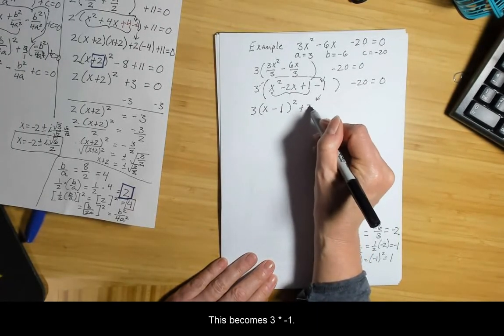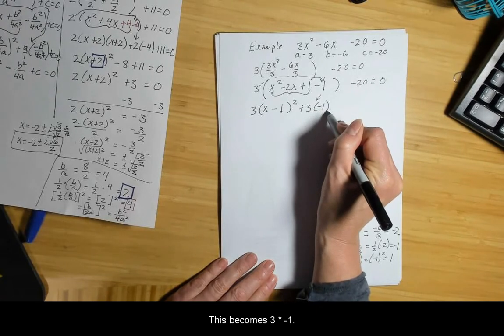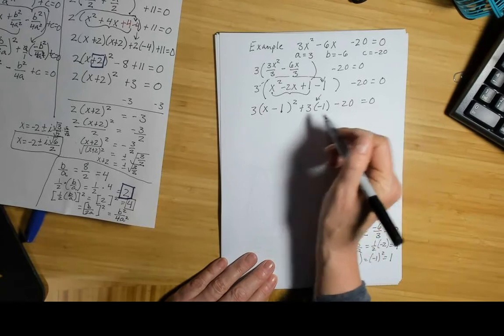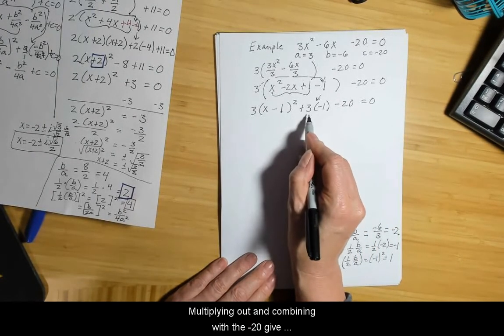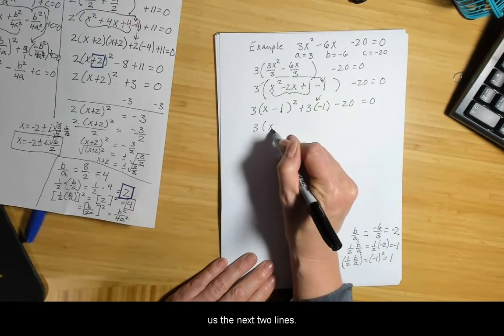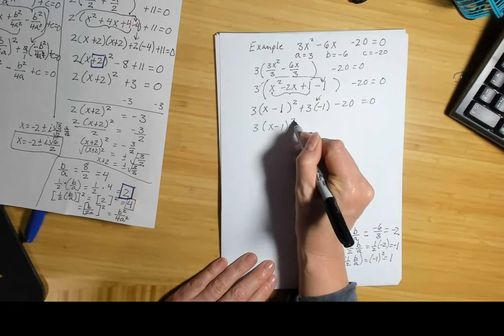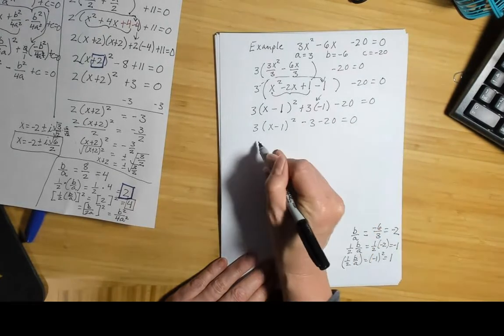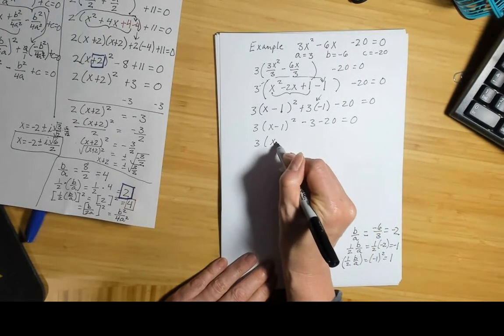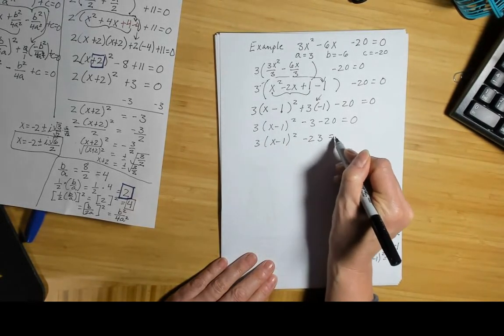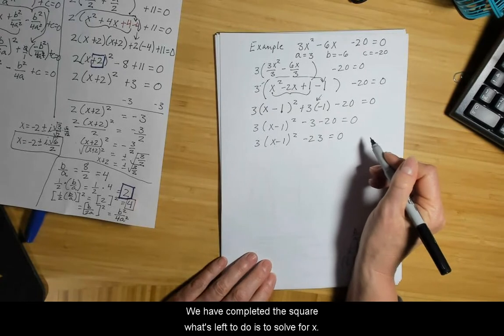This becomes 3 times negative 1 minus 20 equals 0. Multiplying out and combining with the minus 20 give us the next 2 lines. At this point, we have completed the square.